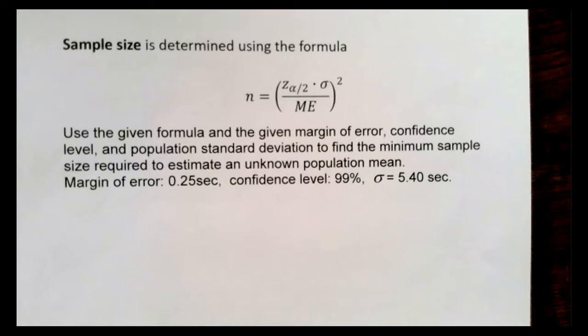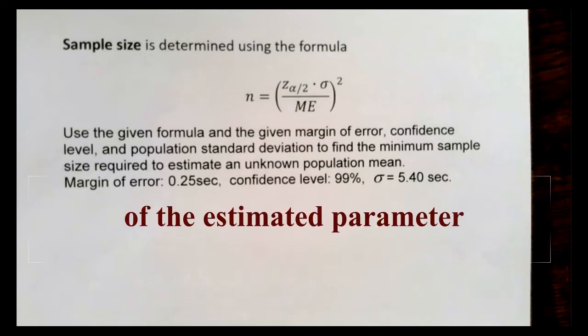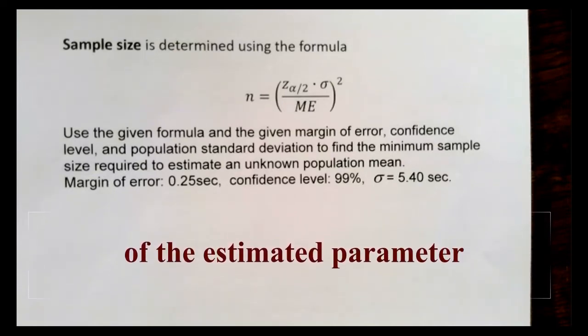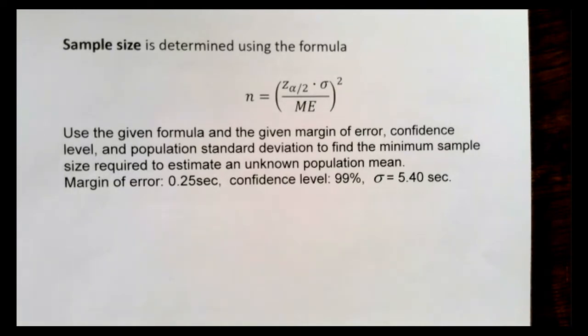So our sample size is closely connected to the accuracy that we need. Every time, you have to figure out whether we can afford to sacrifice a little bit of the accuracy to get a smaller sample size.